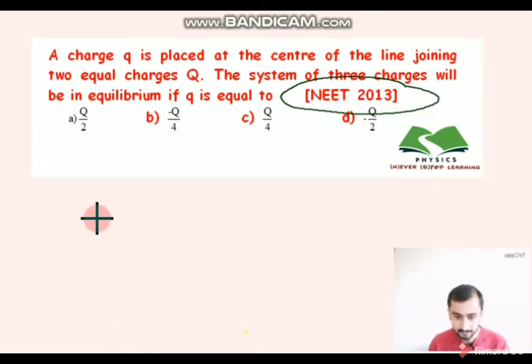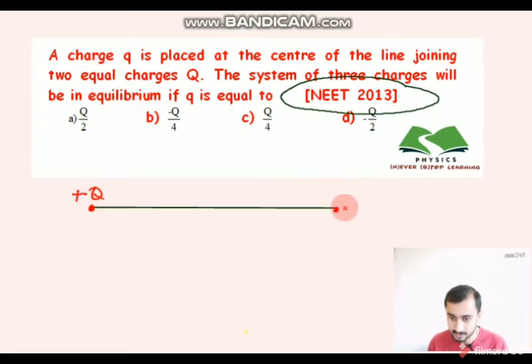So given that there are two charges separated by a certain distance. Let's consider one charge here, which is plus Q, and one more similar charge is kept at the other end, and at the midpoint, somewhere here, one more charge is kept. What is the magnitude of that charge?